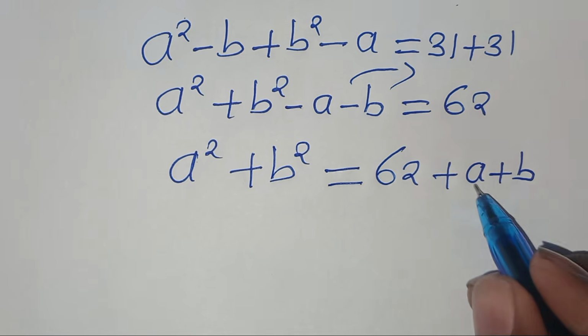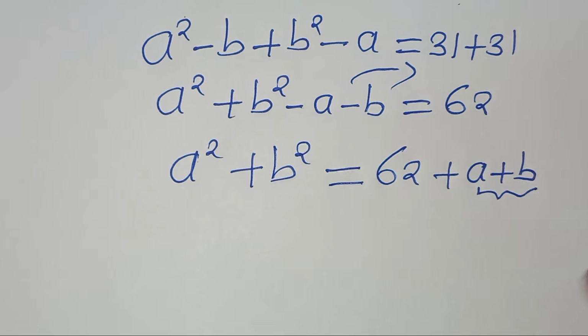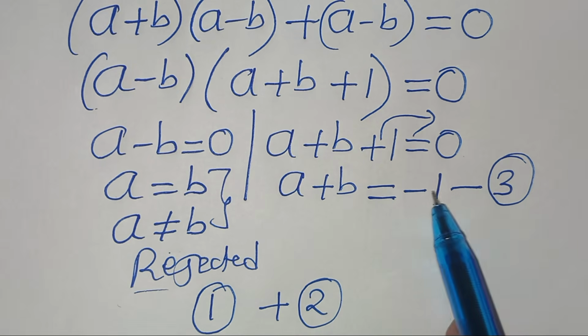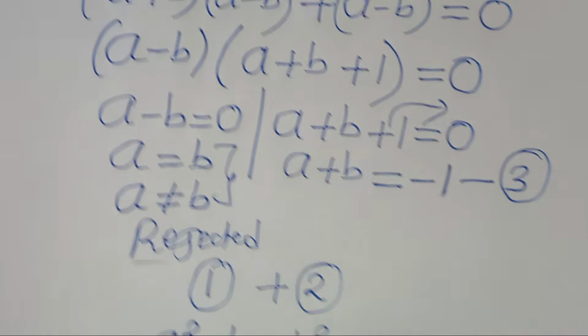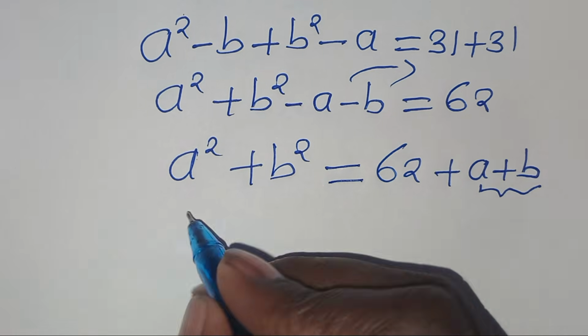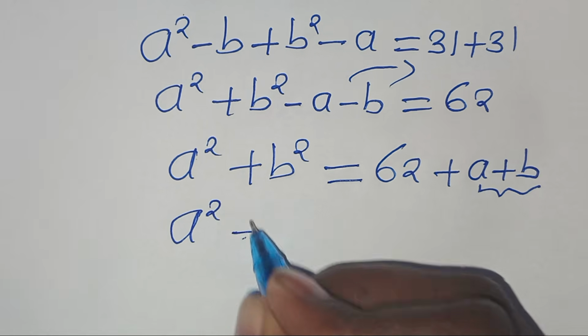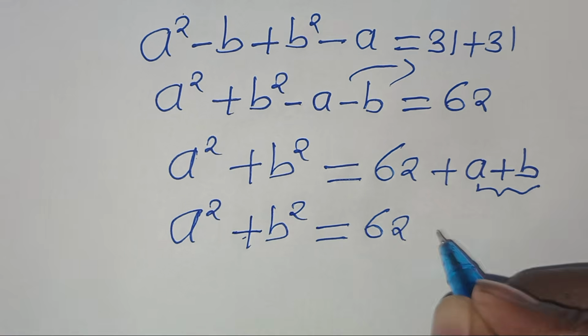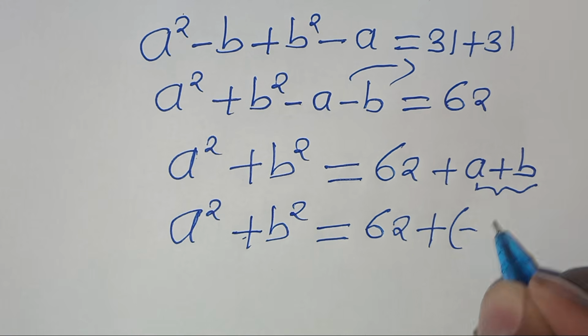Now we have that a plus b is what we have in equation 3 here. a plus b is equal to -1. So let's substitute -1 so that we have a squared plus b to the power of 2 equal to 62 plus -1.